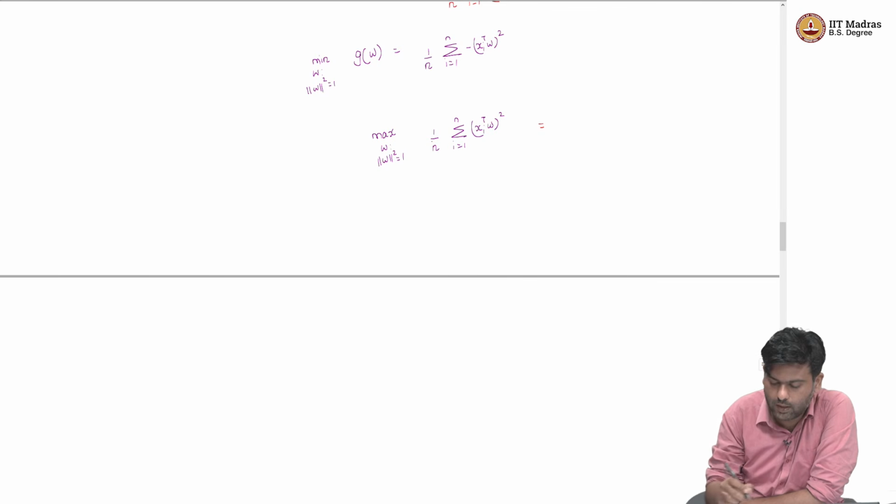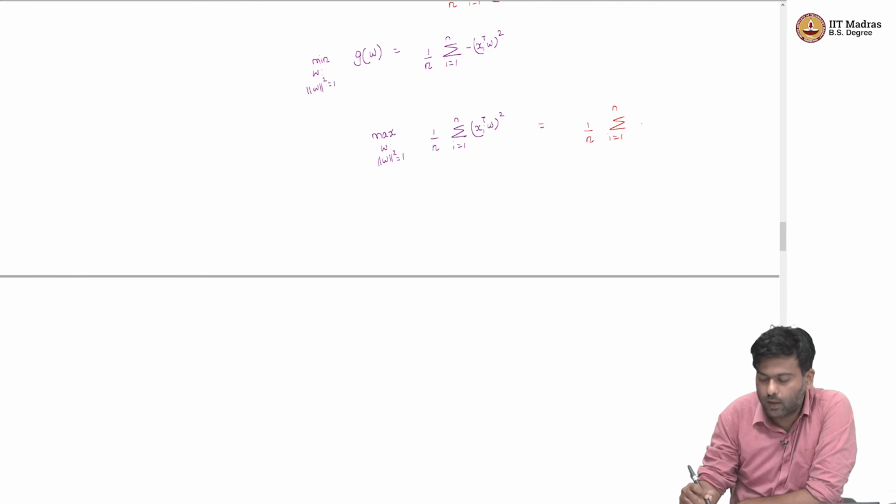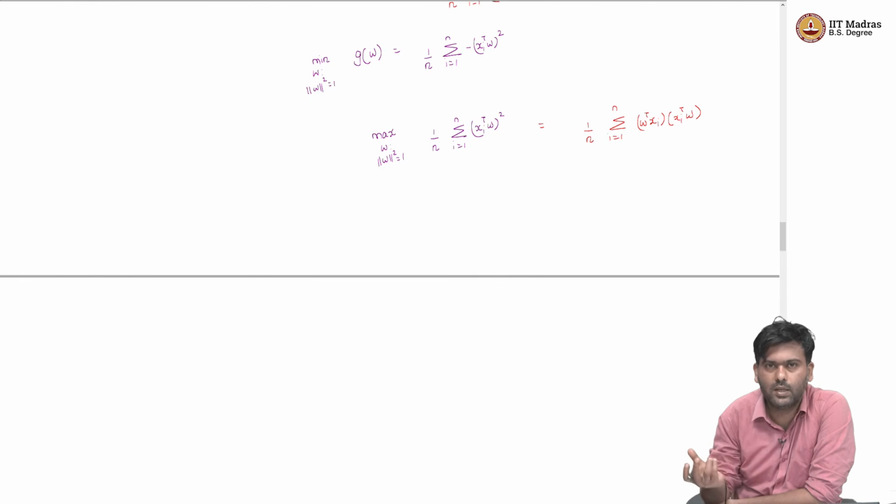Now I can write this objective as 1 over n sum over i equals 1 to n of xi transpose W squared. I can write that as W transpose xi into xi transpose W. It is the same thing, right? W transpose xi is the same as xi transpose W. I am squaring this, so I can write this as a product of 2 terms. Now, why am I doing that?